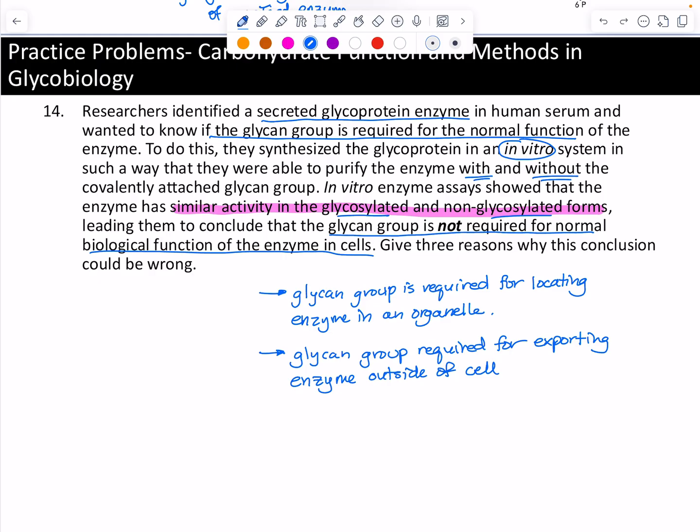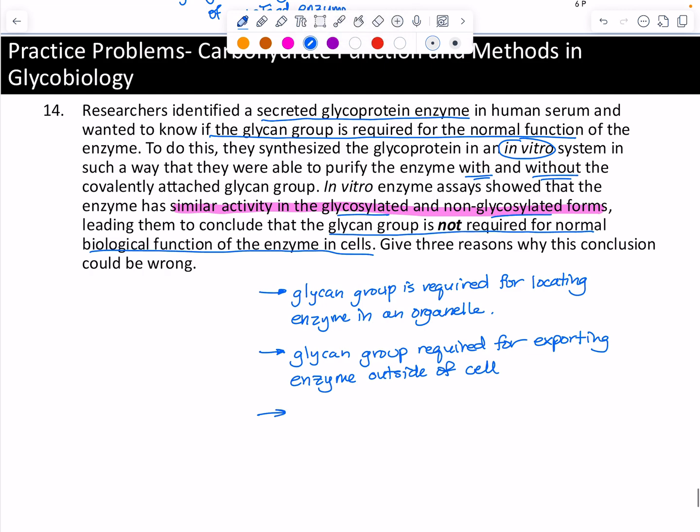So then our last thing would be that the glycan group is required for recognition by the target cell type.